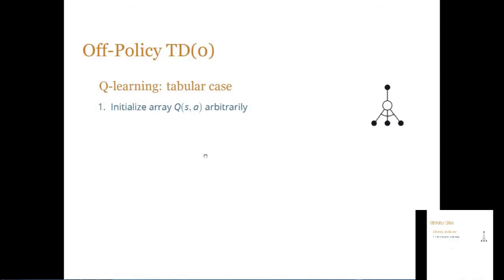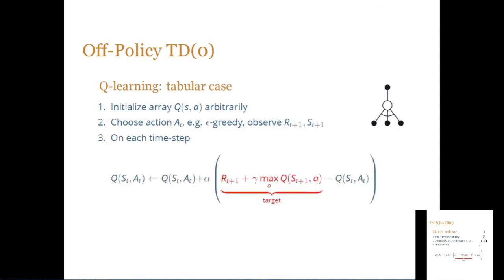So we first initialize our array of state-action values arbitrarily. Then we choose an action, for example being epsilon greedy. This is going to be our behavior policy, mu. And at each time step, we perform this update. In this case, our target is going to be the maximum over the next state-action values.